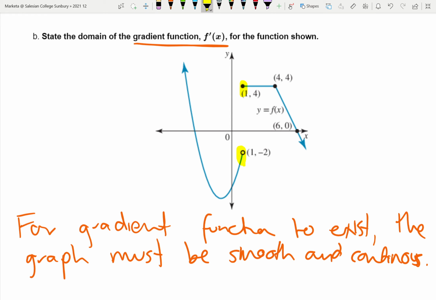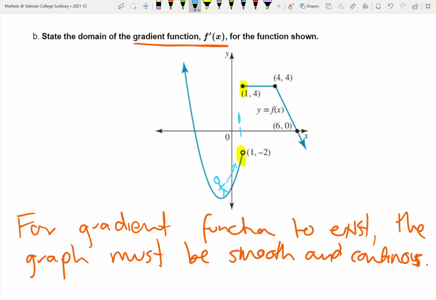It's not smooth and continuous because, well, I guess you can say as you're approaching x equals 1, so here's x equals 1, as you're approaching, so pretend you're walking along the function, well, then you're going to fall through the hole. That's not smooth and continuous. So you expect when you get to x equals 1 that y would equal -2, but it doesn't.